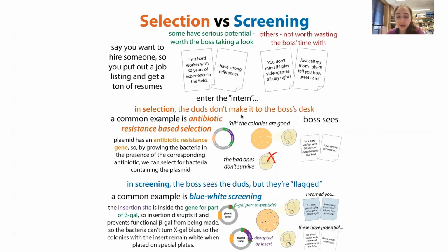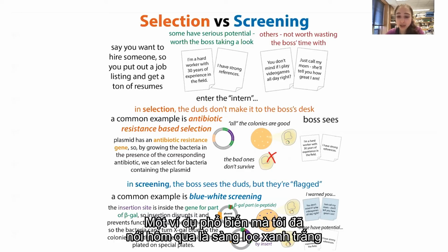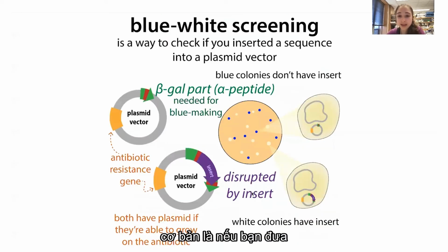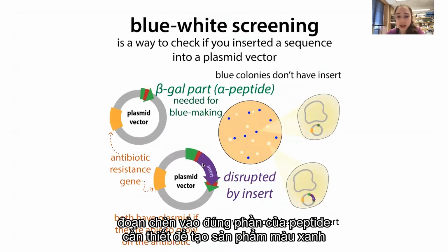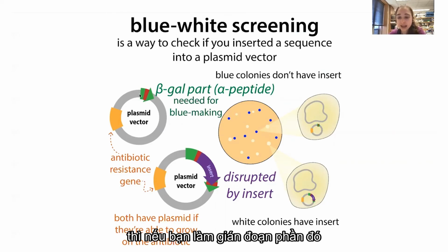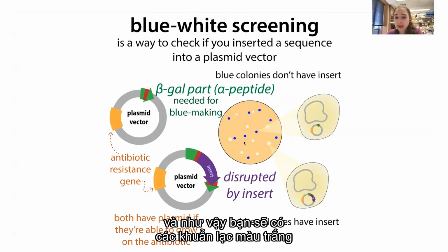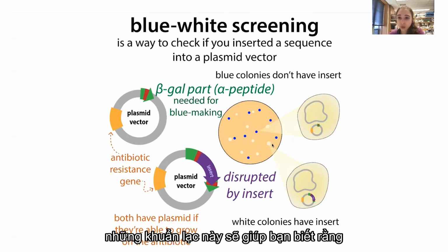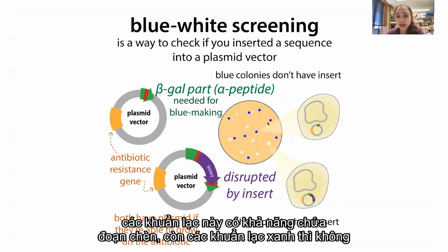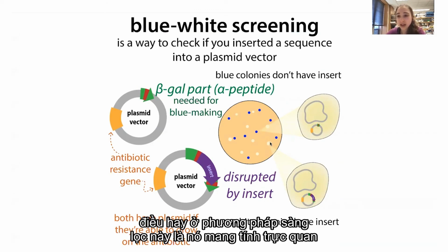A common example I talked about yesterday is blue-white screening, where your insert goes into the part of this peptide that's needed to make the blue product. If you disrupt that, the colony is not going to be able to make the blue product, so your colonies will be white. This helps you know that these colonies probably have my insert and the others don't.